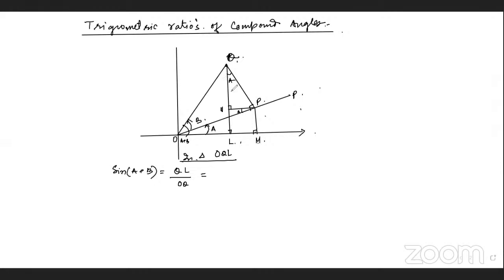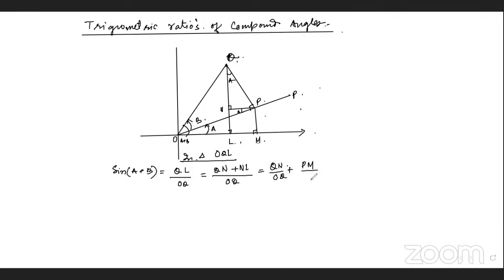And QL can be further subdivided and written as QN plus NL upon OQ, okay, that can be written as QN upon OQ plus NL, which is equal to PM. Can you see that?